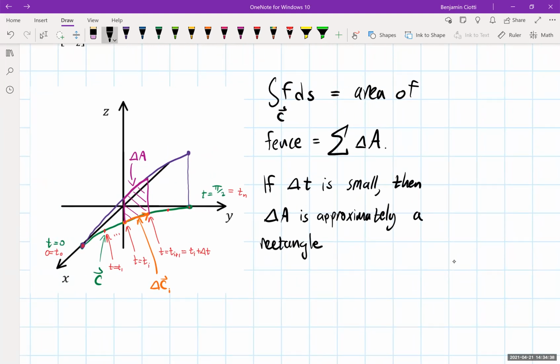So here's the idea. Delta A is approximately a rectangle with height. Let's see, what's the height? That would be this length right there, which is f of c of ti.